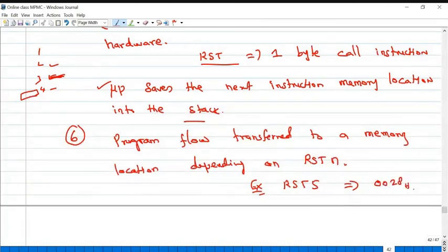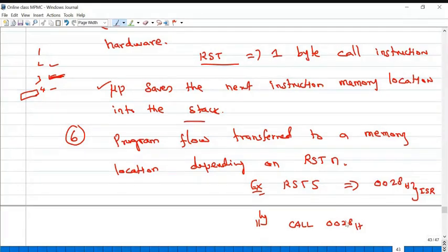So this is the starting address of the interrupt service routine. Small programs are already written there, so it will start executing the instructions from this particular location onwards. Executing RST5 is similar to CALL 0028H, yes or no?